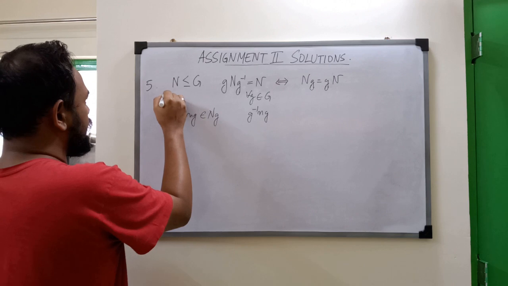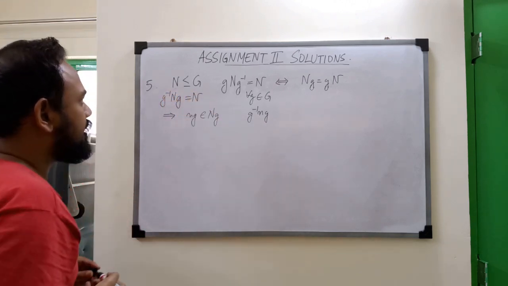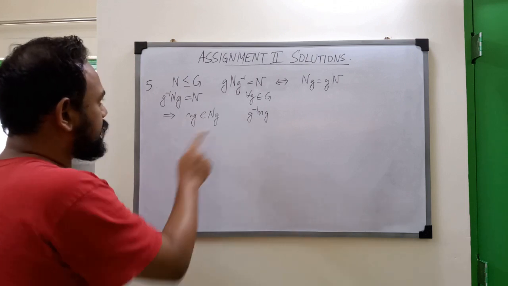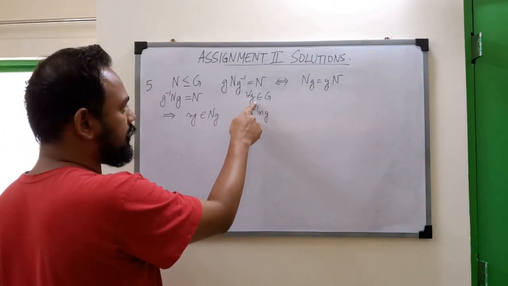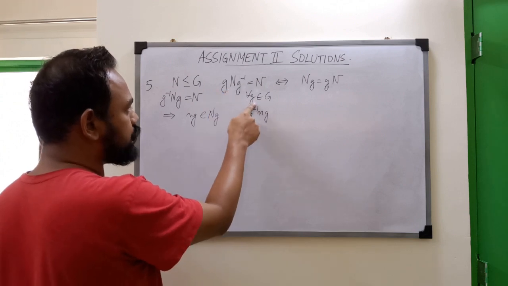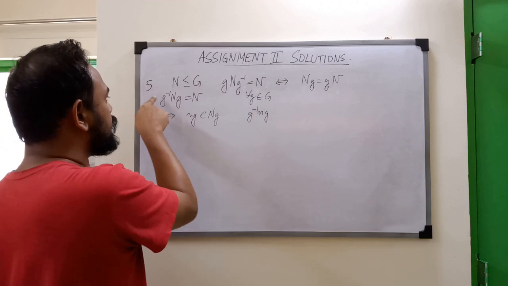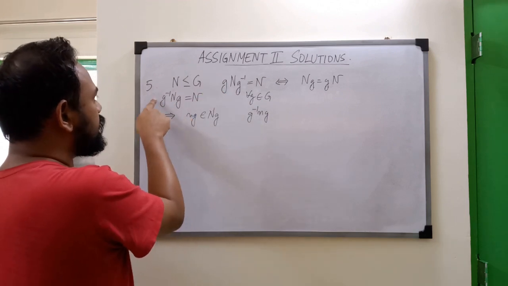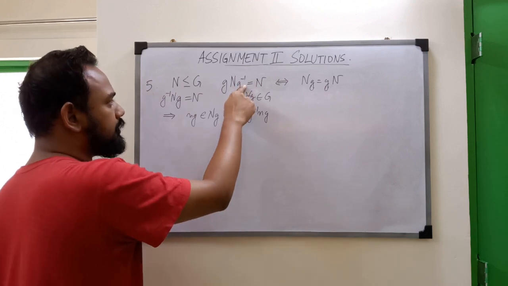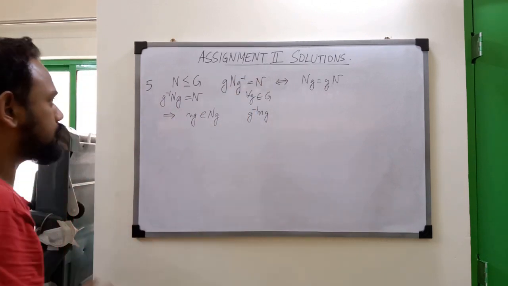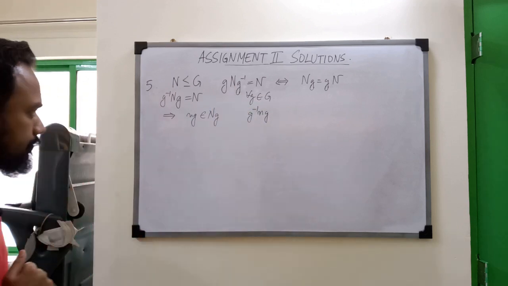In other words, g inverse capital Ng is equal to N. This is true for all g, so if you take g inverse instead of g, then also this condition is true. So let's just plug in g inverse for g, and here you have g inverse, which gives me g. So this condition is true if this is true for all g.